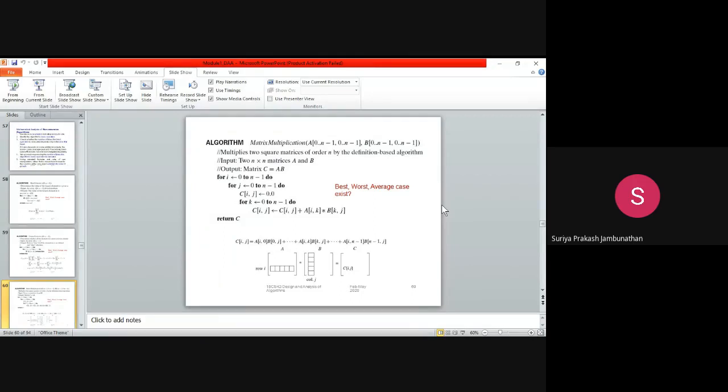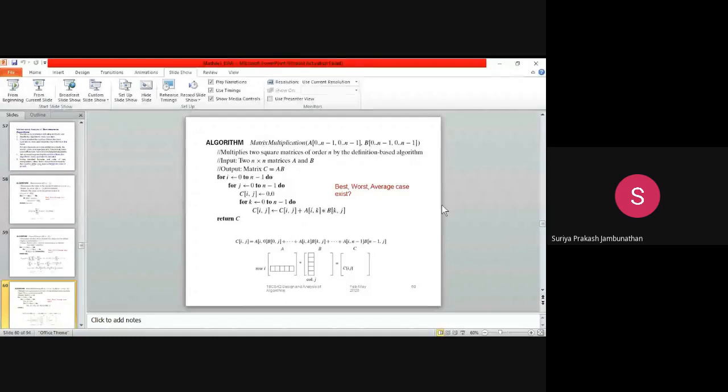So this is the formula for matrix multiplication. To make this formula, we need 3 different for loops. The first for loop deals with i, the second for loop with j, the third for loop with k. So 3 for loops you have to make so that we can execute our formula.